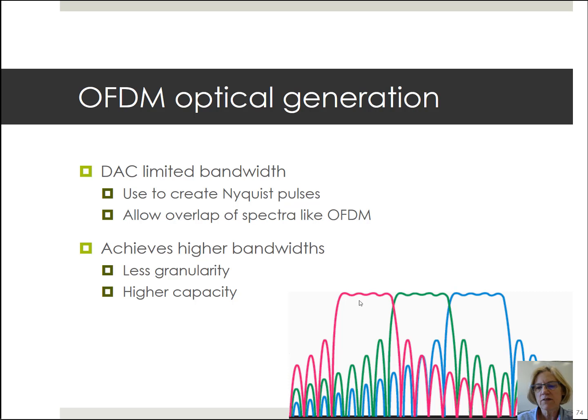Then I can allow the overlap or the very tight spacing that I see in OFDM, and therefore get some economies in the spectral efficiency, because I have used the OFDM idea, but I've used the Nyquist pulse idea to get the maximum I can out of my DAC. So the DAC is used to generate a Nyquist pulse, and the separate carriers are used to do the grouping into an OFDM superchannel.